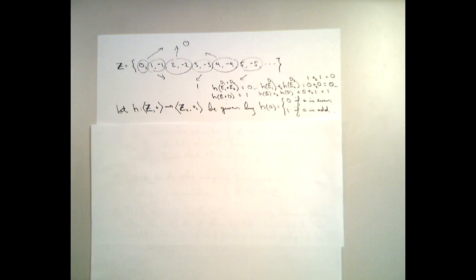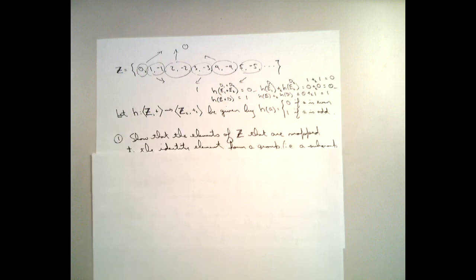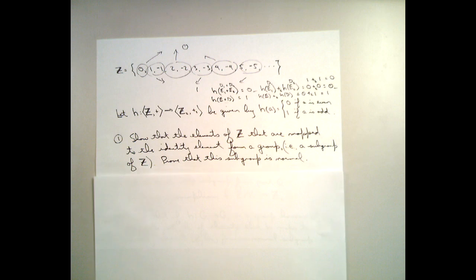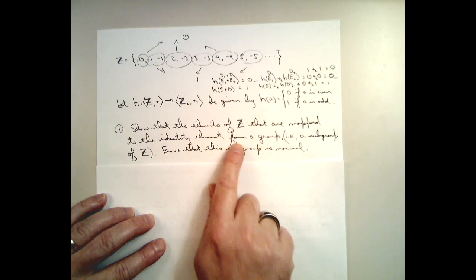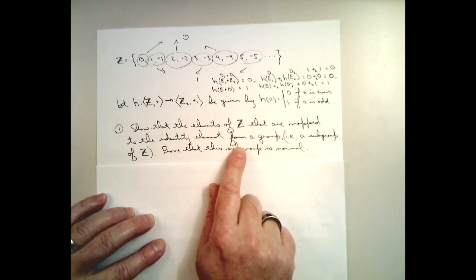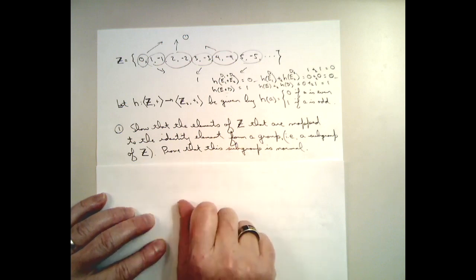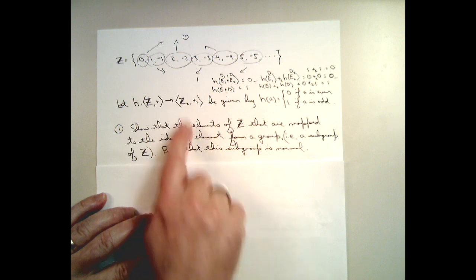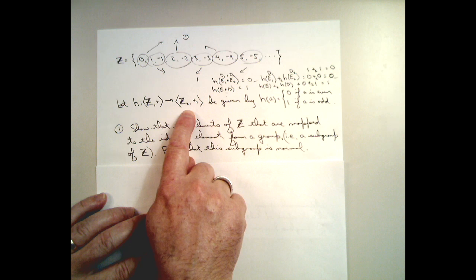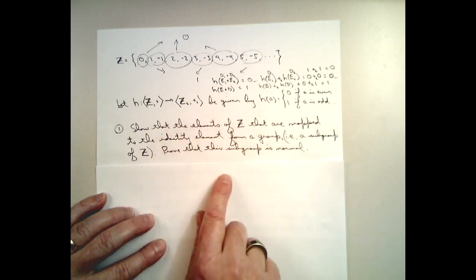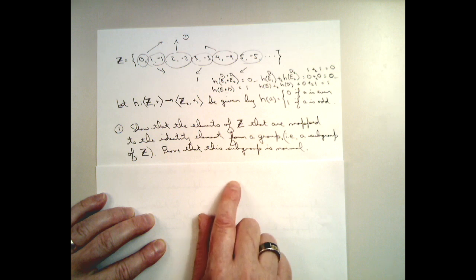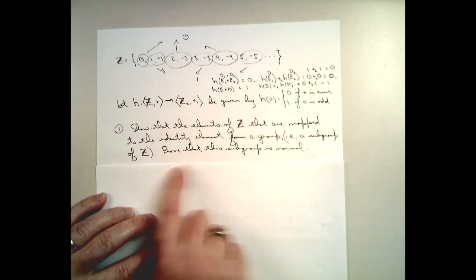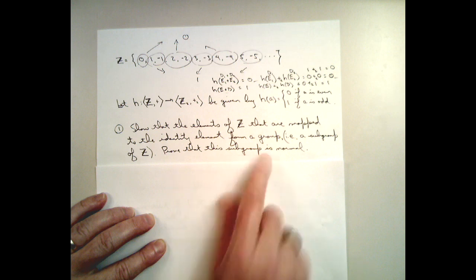So we're using the homomorphism that we defined. First thing I'd like you to do is show that the elements of Z that are mapped to the identity element of Z2, that would be 0, but there's a good reason why I'm using the language that I'm using here, form a group.